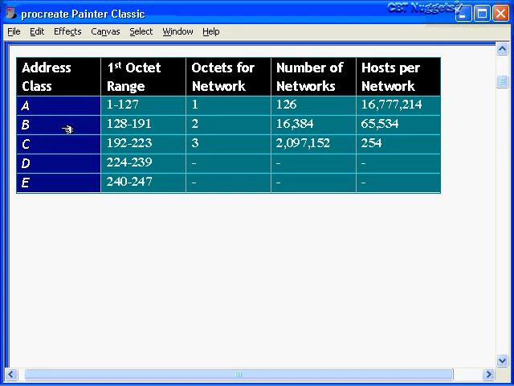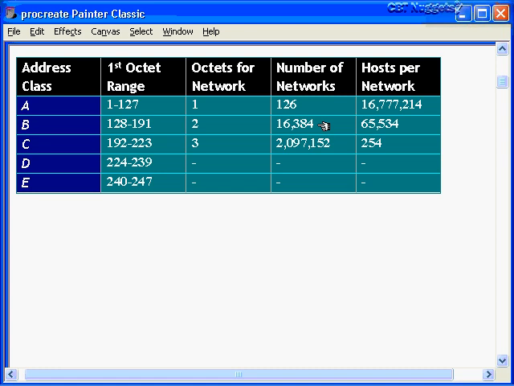Another common address class that a lot of companies that are very familiar to you out there have is the Class B address. If the decimal value of the first octet is between 128 and 191, then it's going to be a Class B address. It takes the first 2 octets in the IP address to represent a Class B network. The possible number of networks in a Class B address is 16,384.